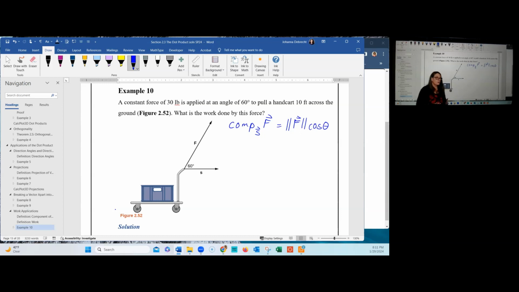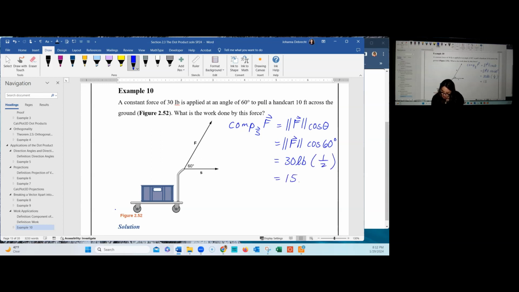This is the component of that measure in that particular direction. So I have the magnitude of the vector F times the cosine of 60 degrees. Well, the magnitude of the force is the 30 pounds, and the cosine of 60 degrees is 1/2.